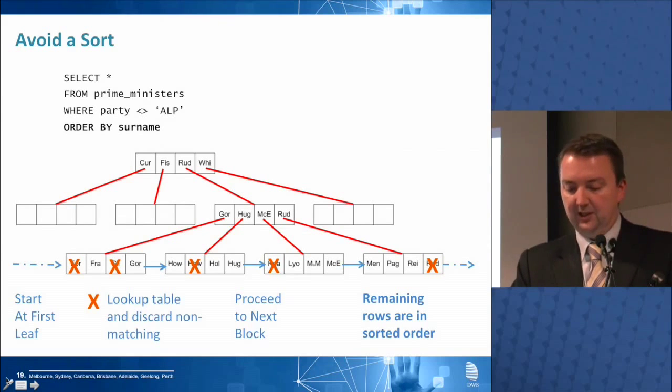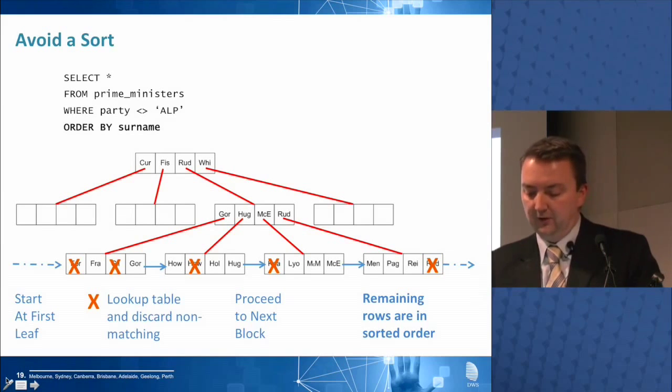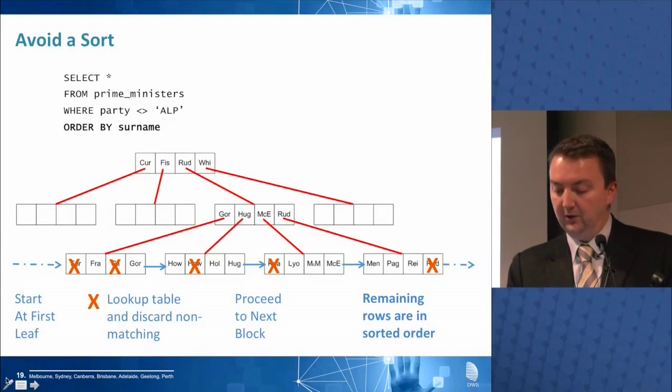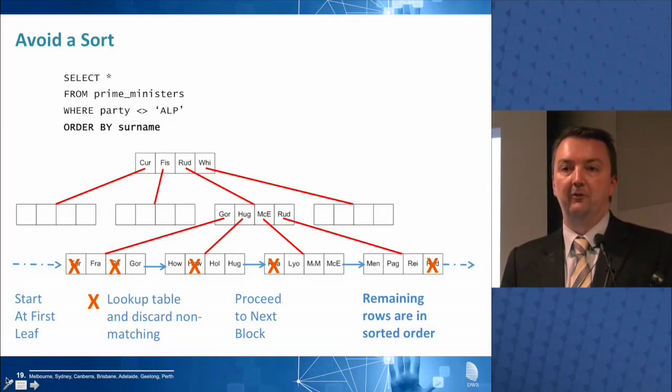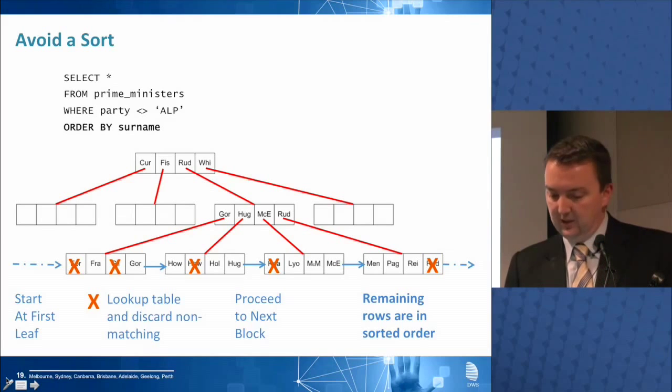Gillard, she is ALP, chuck it out. Gorton, etc. And reading on through each block, the results, Fraser, Gorton, Howard, Holt, Hughes, are all in alphabetical order. And we've done it without having to do a sort in the database. So indexes can be useful for that.